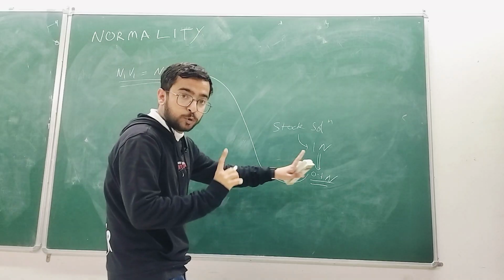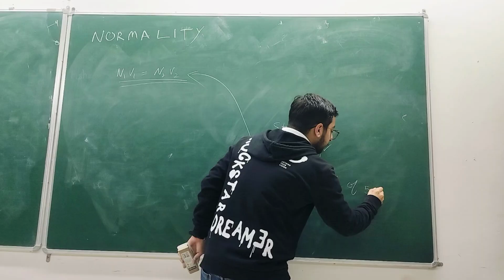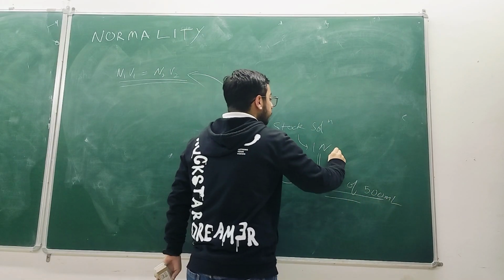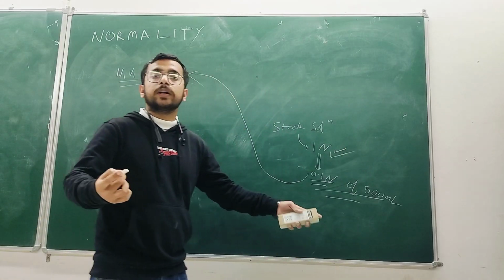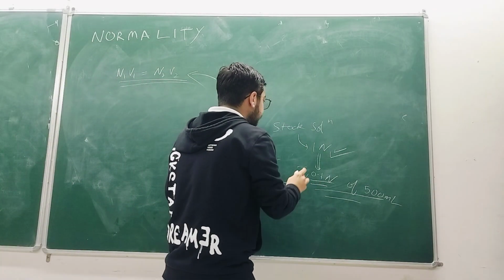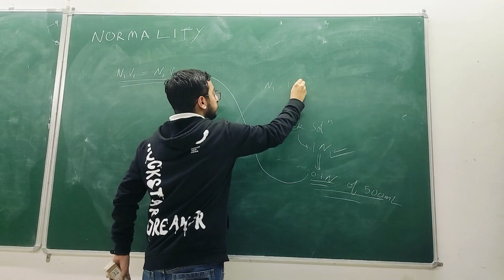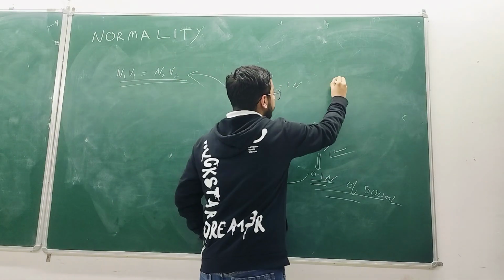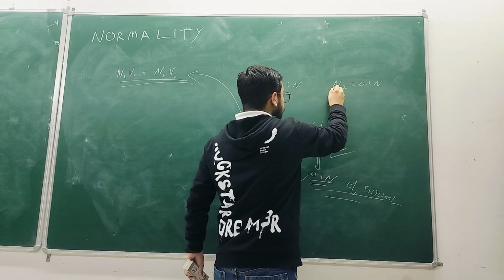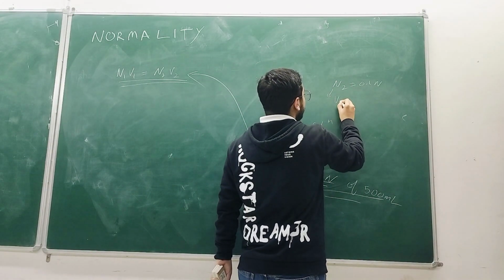Let's say you have to prepare 500 ml of 0.1 normal solution, and you are provided with a stock solution of 1 normal. How can you prepare it? This is the main question. The initial normality N1 is 1 normal, and the final normality N2 is 0.1 normal, and you have to make 500 ml of this solution.